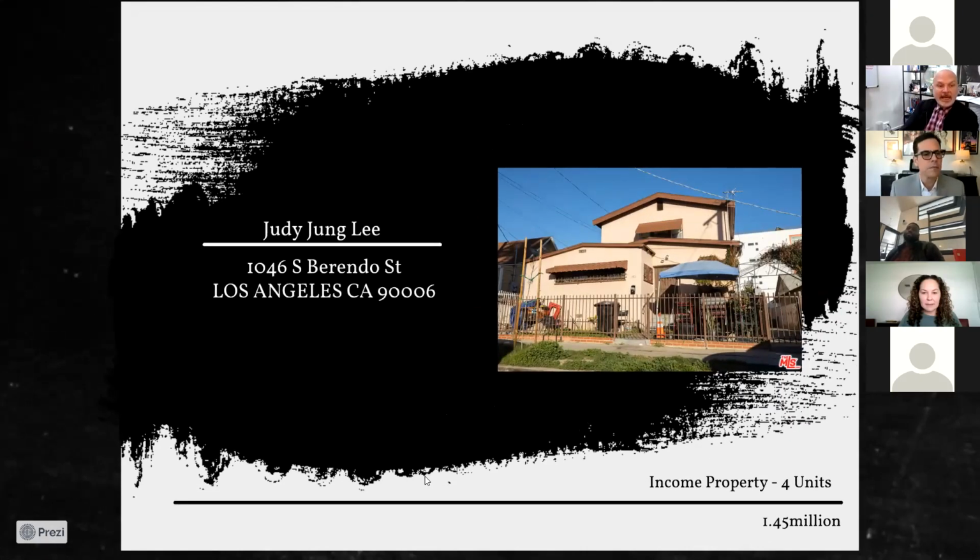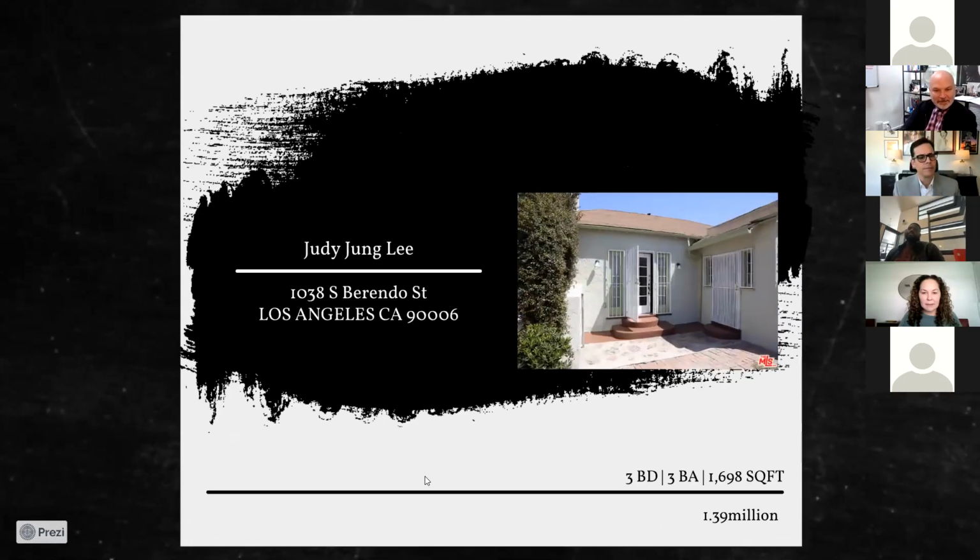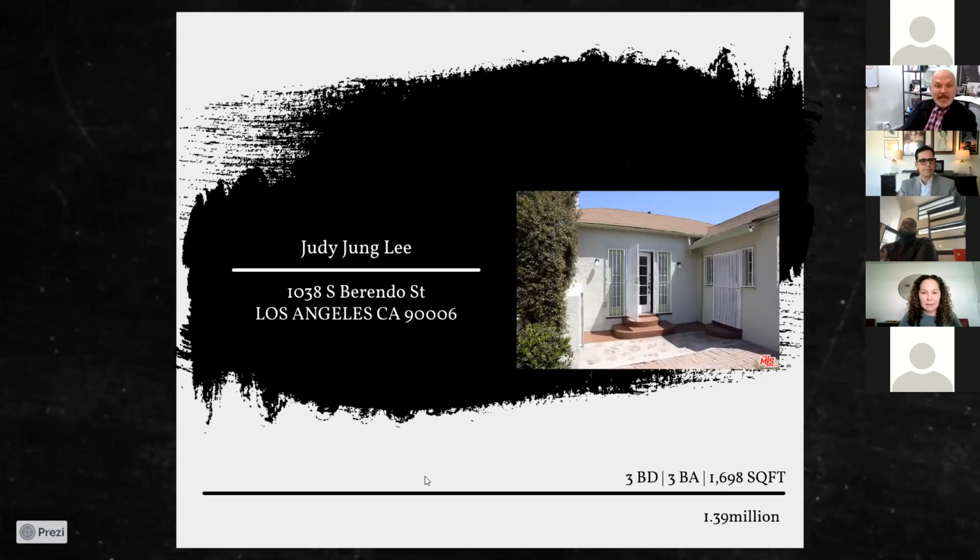Judy Lee has a Berendo income property, 4 units, $1,450,000. That's a great rental area. Also, Judy has a 3-bedroom, 3-bath at 1038 South Berendo for $1,390,000.